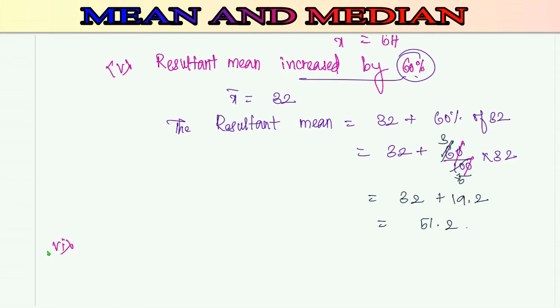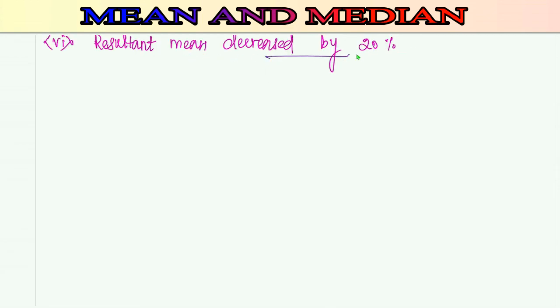Next, the sixth one: the resultant mean decreased by 20%. When it is decreased by 20%, we have x bar equal to 32. The resultant mean is equal to 32. When it is decreased, you just subtract 20% of the mean.